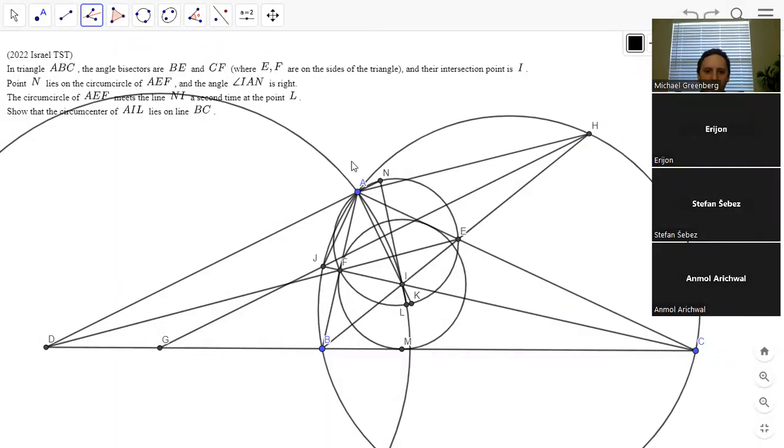But if we know that GAI is GIA, then maybe we could calculate it in terms of that. That's kind of what I'm thinking. We need to show that GI is parallel to EF in order to prove that GA is tangent. And that's exactly what I proved in that problem on my Discord, that GI is parallel to EF. I did this before, I just don't remember how I did it.